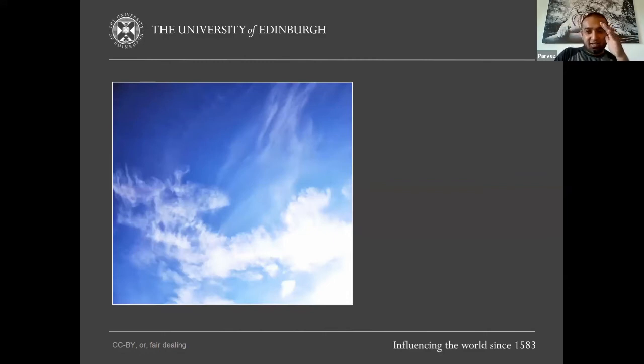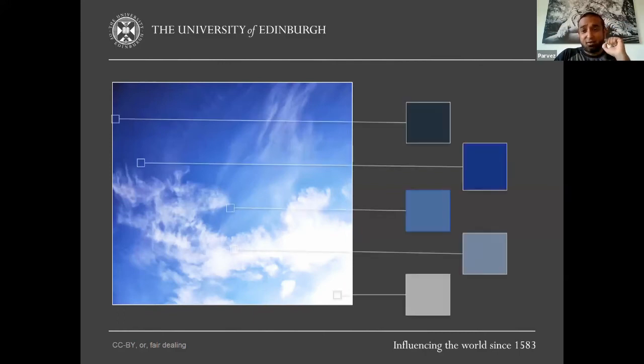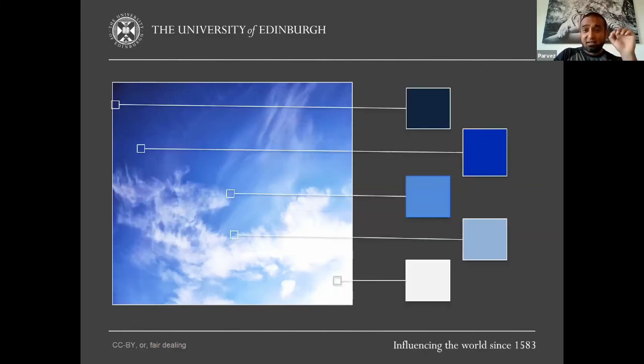So you have to think philosophically like an artist in one sense. If you have the sky, you might look at the sky, but an artist looks at the sky and they are able to discretize this into smaller parts. They split it up into lots and lots of pieces, and they can identify more easily the different colors that actually exist in the sky. And by doing that, they're able to mimic, in effect, the sky.